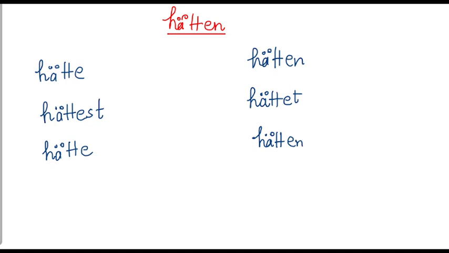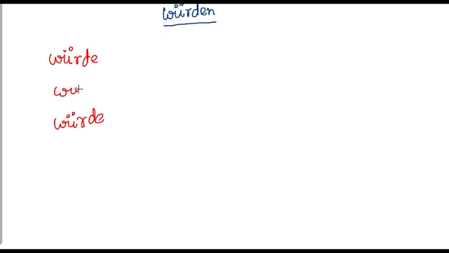Now last one, last but not the least, let us conjugate our next verb, würden. This is the Konjunktiv II of the verb werden. Würde, for first and third person, is going to remain the same. For second person, there will be a slight change, würdest.